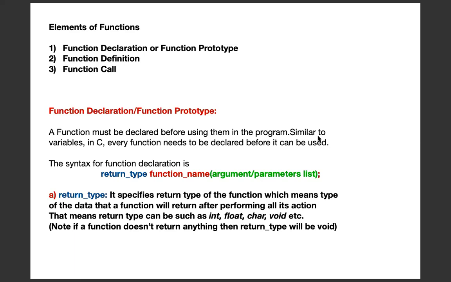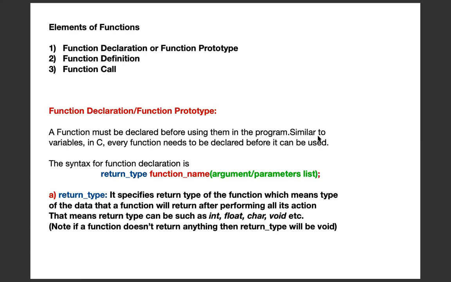So let us see one by one what we exactly mean by these components. First, what is function declaration? You know that in programming, we cannot use certain components as and when we wish. If you want to use anything in the program, it must be declared, so that the compiler will know what it is meant for.